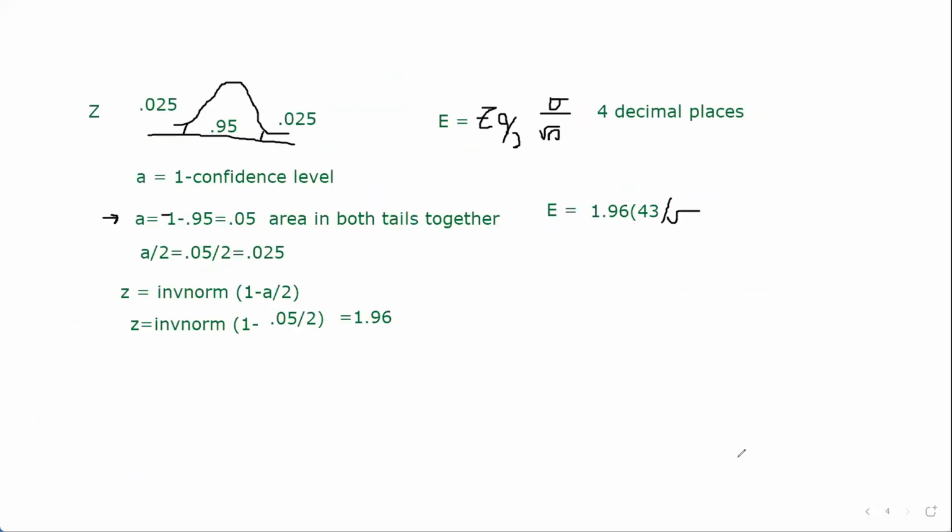So let's fix this. Let me fix this problem before I carry on here. So here, this is going to be 1.96, and my standard deviation is 2.8.